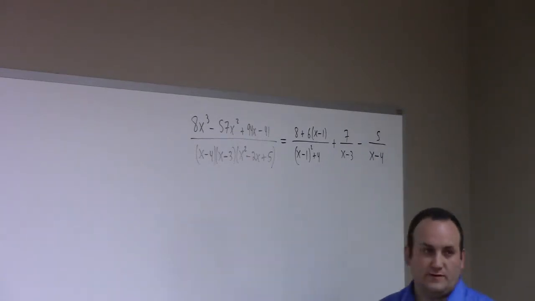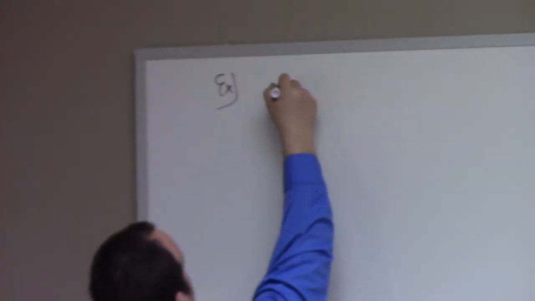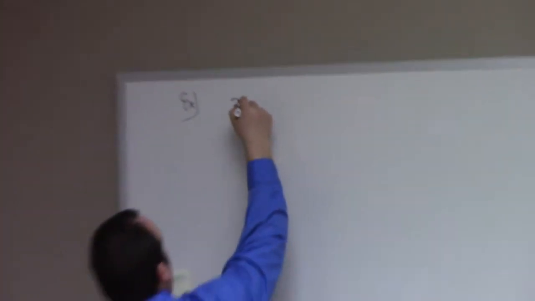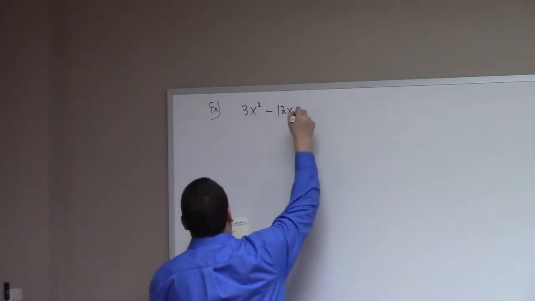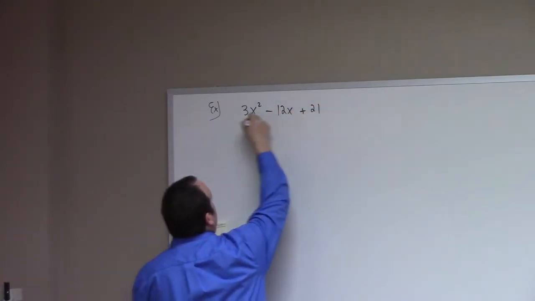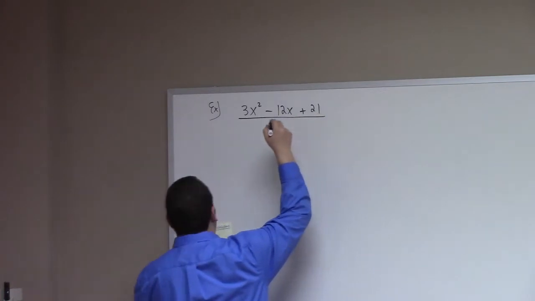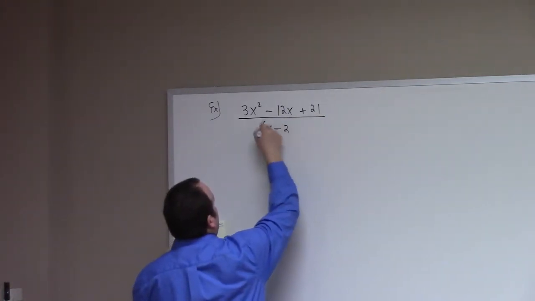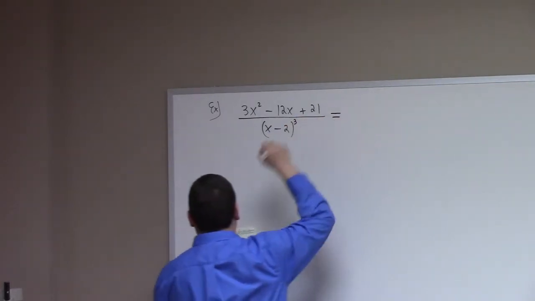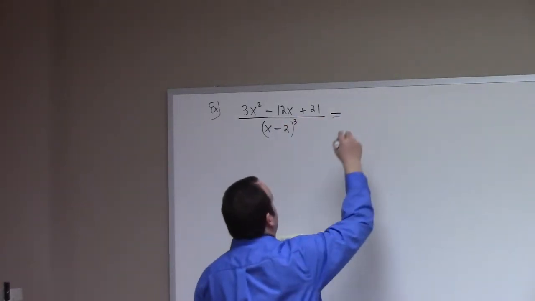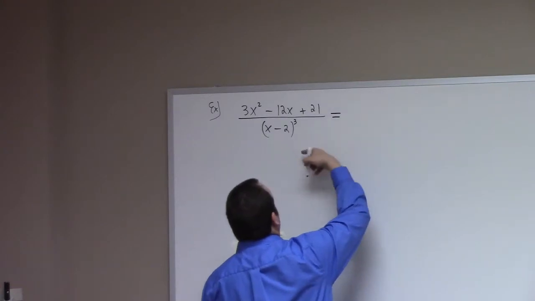All right, so we worked that out last time. The example I want to start with today, continuing partial fractions, is to work out the partial fractions decomposition of (3x^2 - 12x + 21)/(x - 2)^3.